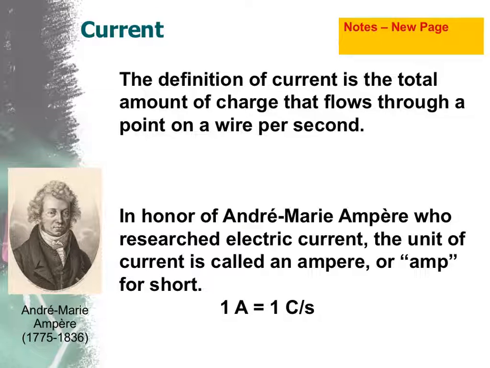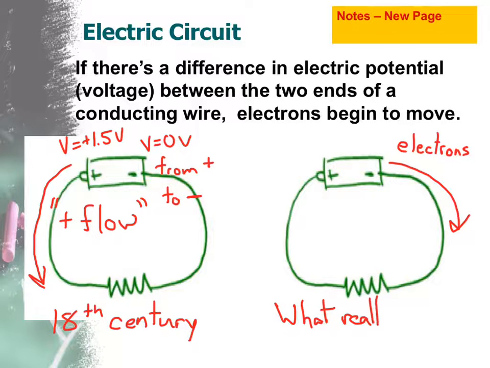So the definition of current is the total amount of charge that flows through a point on a wire per second. If I were to quickly glance back at my circuit and pick a point on that circuit, let's say right here, actually, let me go right here instead.